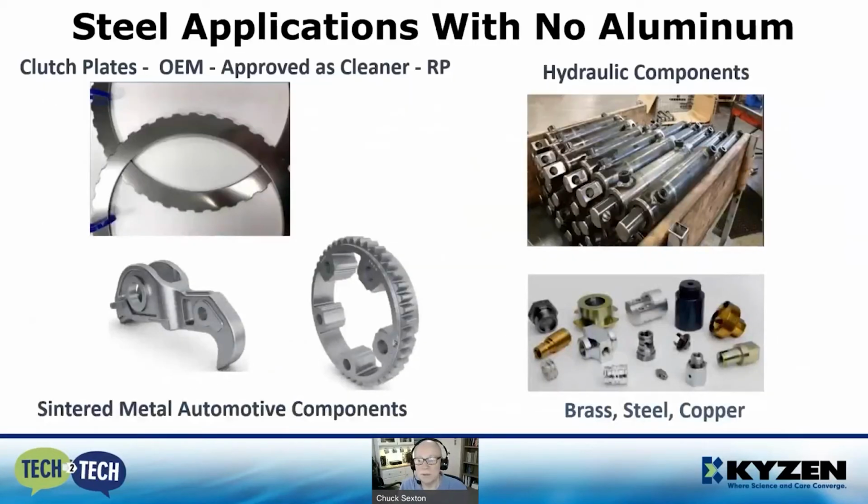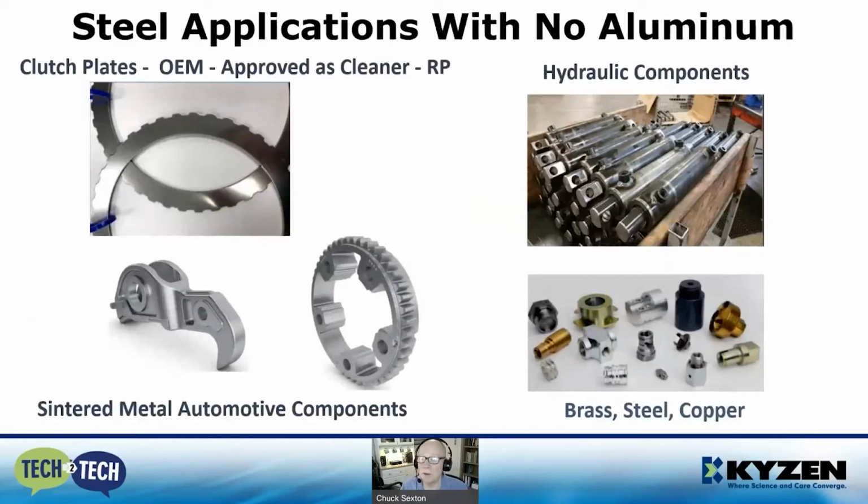So I've got a couple slides here with some photos. This first slide represents applications for solution number 1, if you will, designed for steel. The parts on the top left are SAE 1010 carbon steel. These are clutch plates.